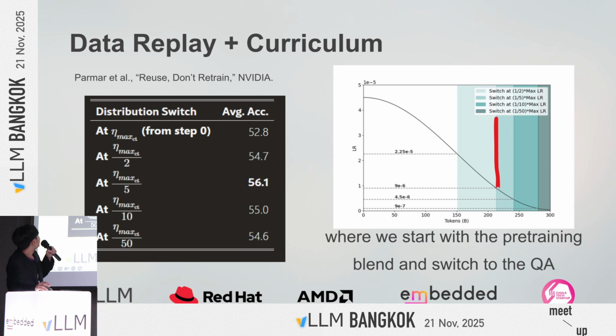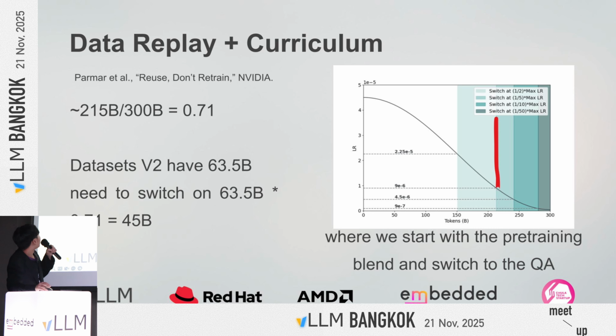As you can see, the paper tests that the best performance is when you change from the pre-train blend to the QA blend, where we add the data, at 1/5 times the max LR.